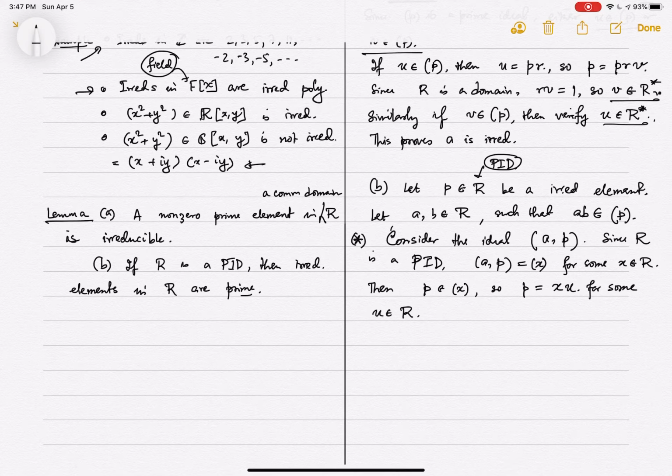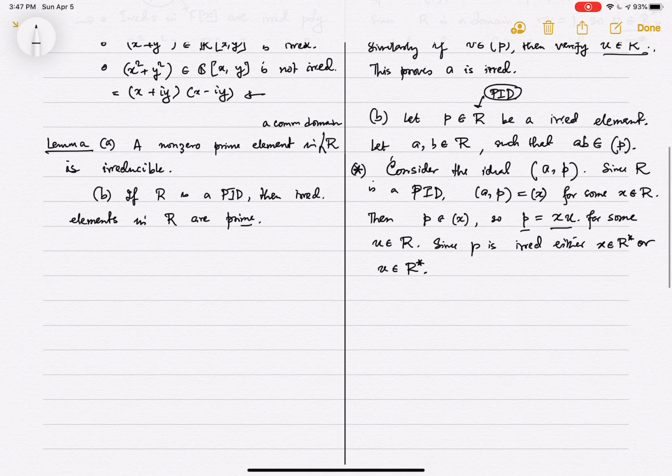Now I can use the fact that P is an irreducible element. I've written P as a product of two things, so one of them has to be a unit. So since P is irreducible, either x is a unit or u is a unit.